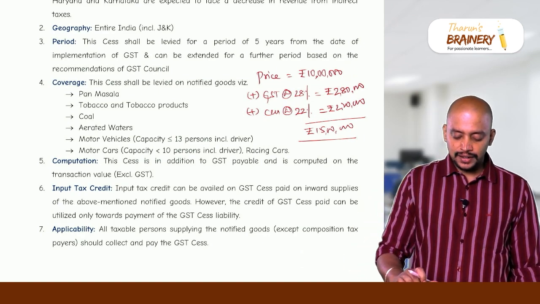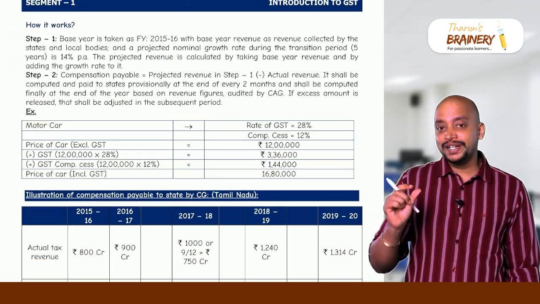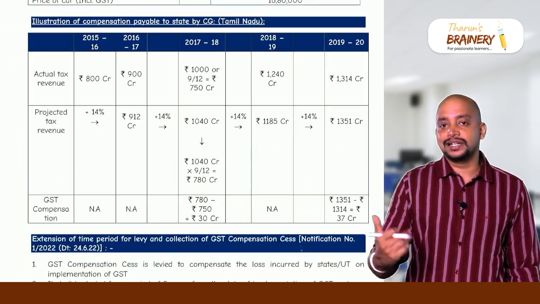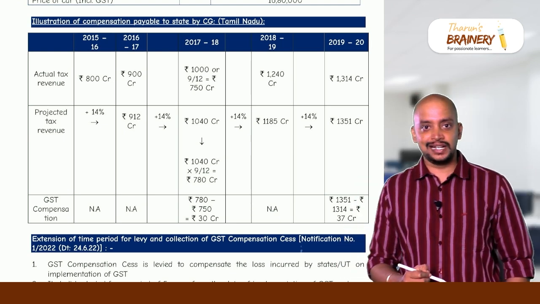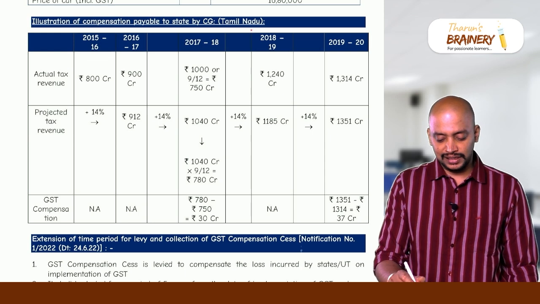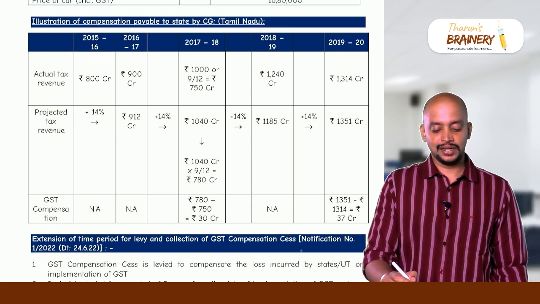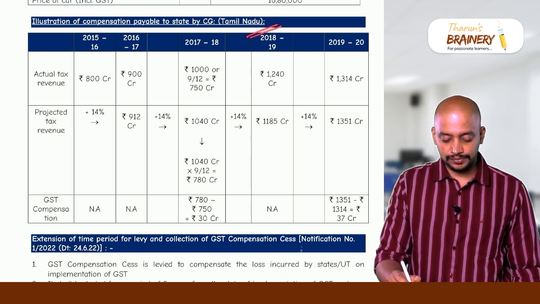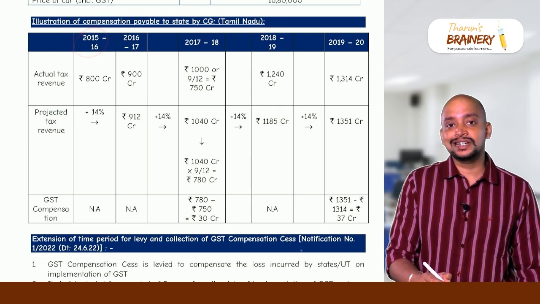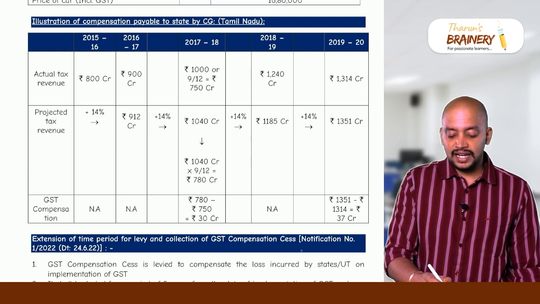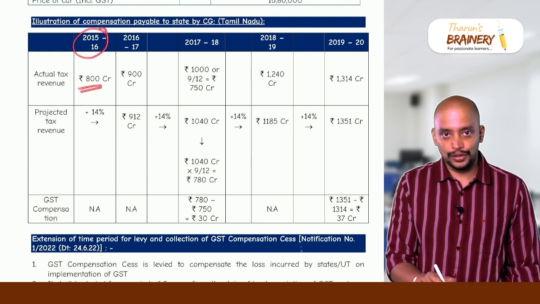Then, how is the compensation payable to the state government calculated? You can see it on the next page. Take Tamil Nadu state as an example. 2015-16 was considered as the base year, and the actual revenue in 2015-16 was 800 crores.